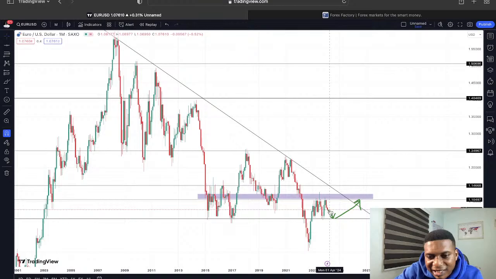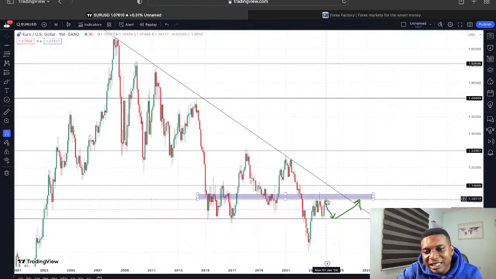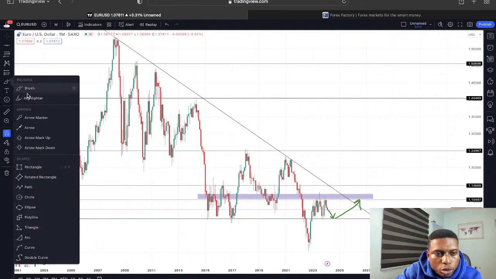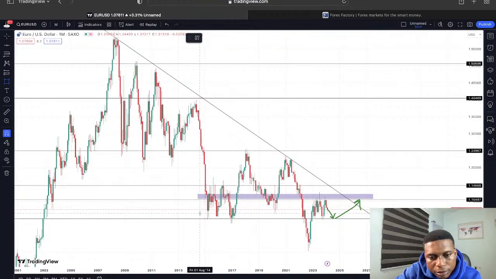So we can see here that price is being rejected at this resistance zone and definitely coming down to touch this region.